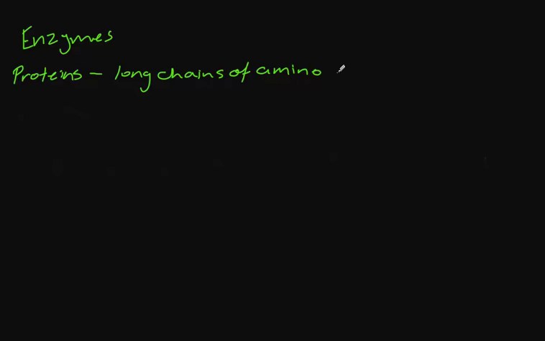So what are enzymes? Well, enzymes are proteins. First and foremost, they are proteins. Now, proteins are made up of very, very long chains of amino acids, and these long chains of amino acids are what we call polypeptides.